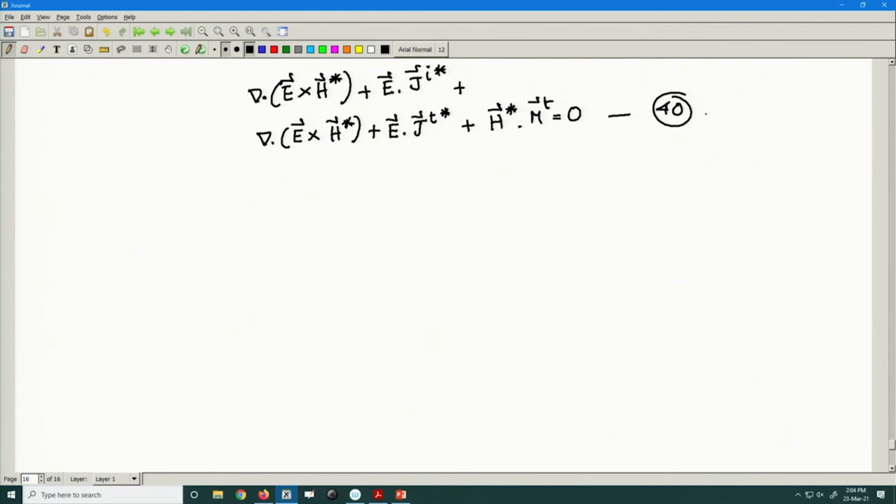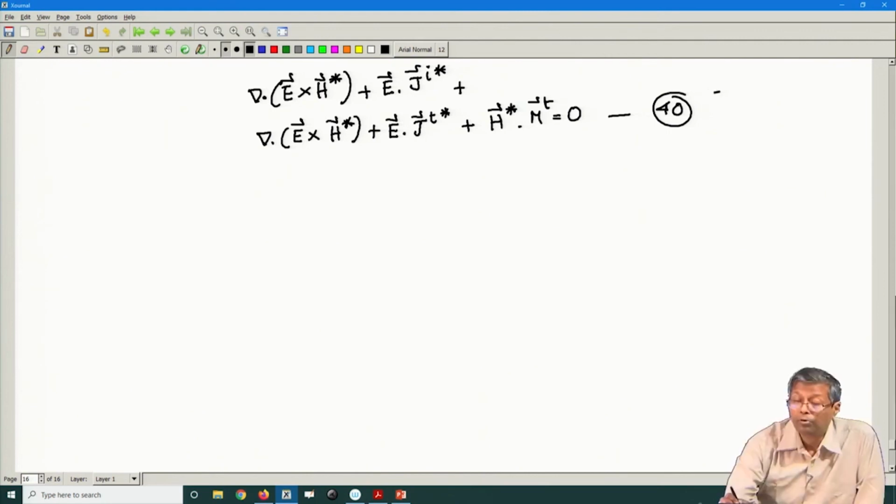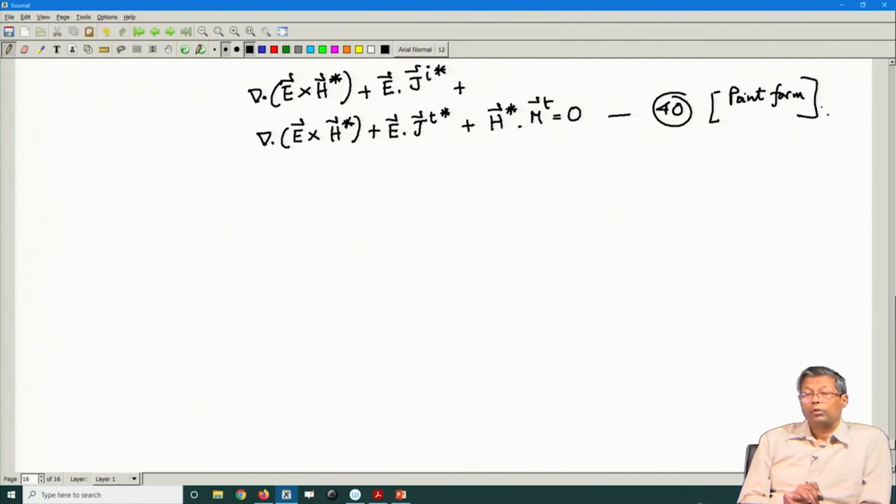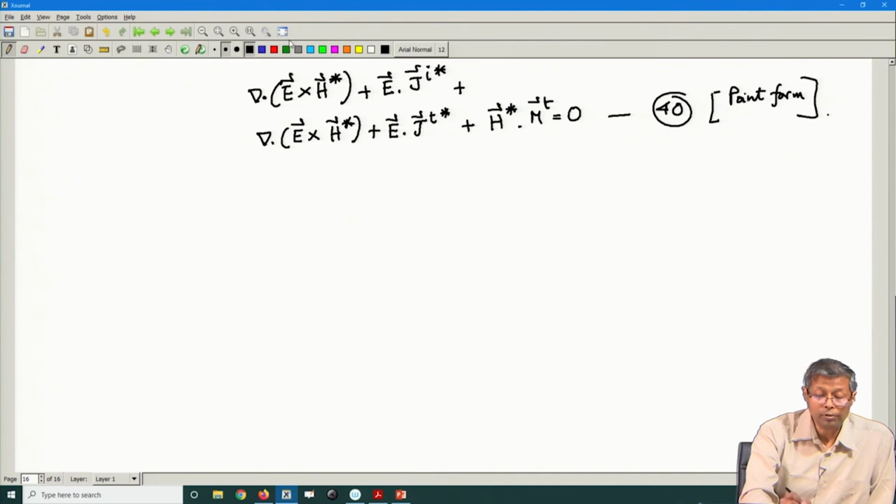So, similar to what we did previously, we will now find the region form. This is the point form of the power conservation. If we apply this to a region of space, we will perform the triple integration on the left and the right.